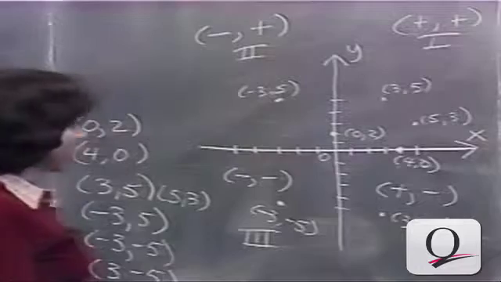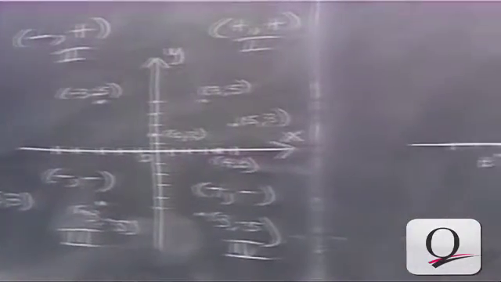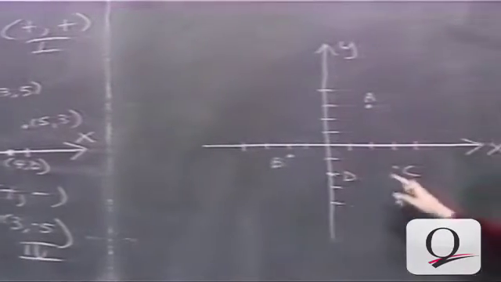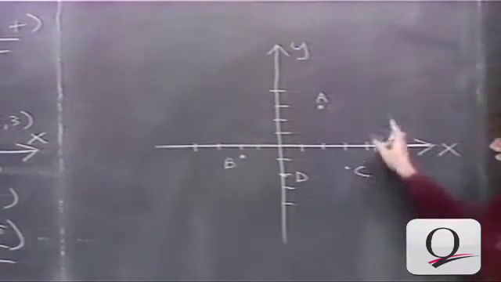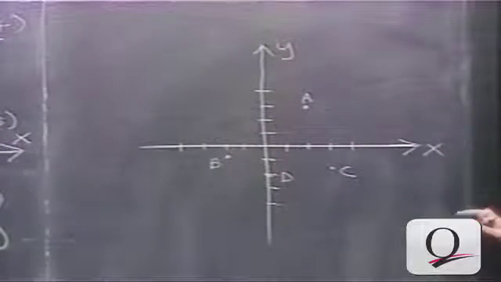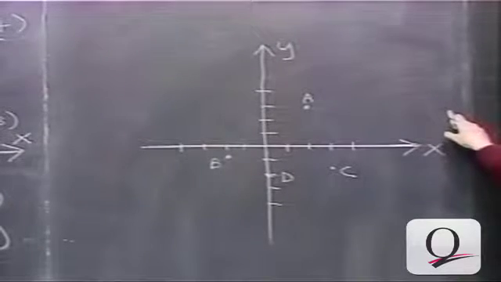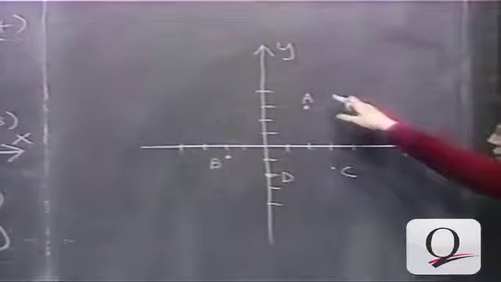Okay, in a similar way, we could also be given points in the plane and be asked to write down the coordinates of these points. And that's what I have done. Here, I have labeled 4 points in the plane, and I would like you to try to write down the coordinates of these points, the ordered pair of real numbers that goes with each of these.